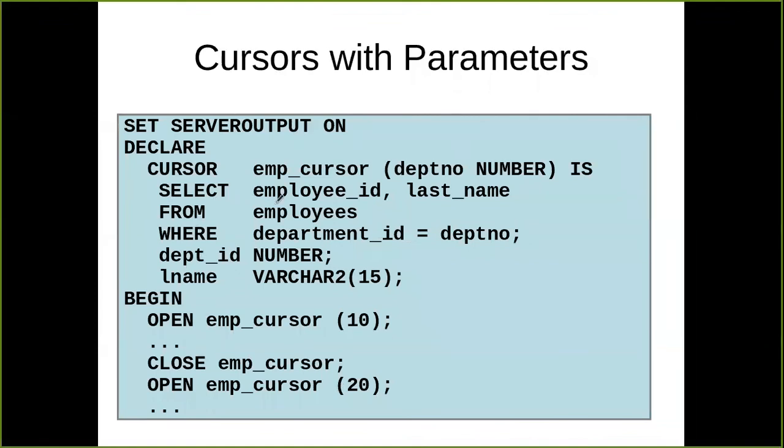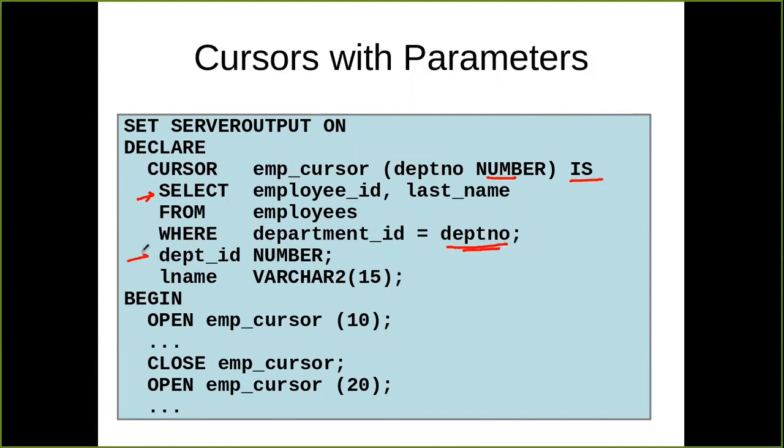Suppose this is my example cursor. I am creating a cursor, employee cursor, with department number whose data type will be number, is select employee ID, last name from employee where department ID is equal to department number.